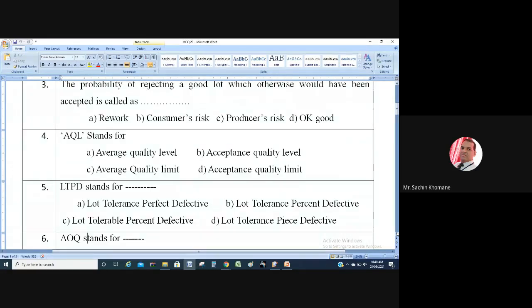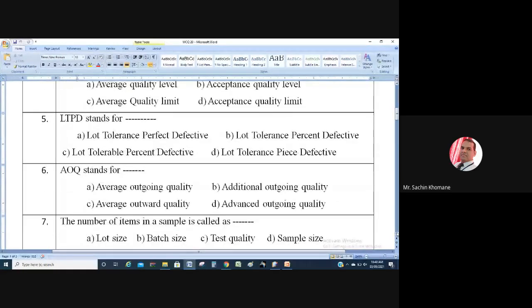In a QC chart we have seen lot tolerance percent defective. Okay, LTPD stands for it. AOQ stands for average outgoing quality. Okay, so try to remember these three long forms, most of the time asked in examination. So try to remember.